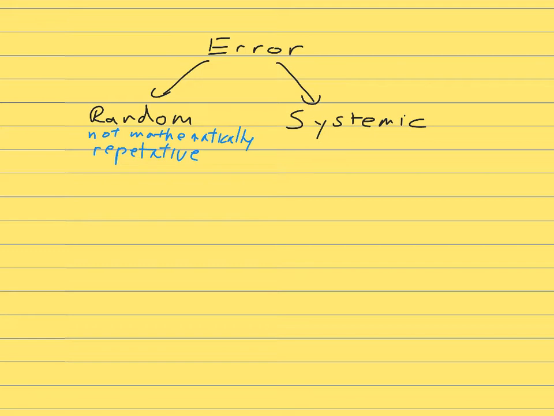Systemic error, on the other hand, is error that is repetitive and constant.